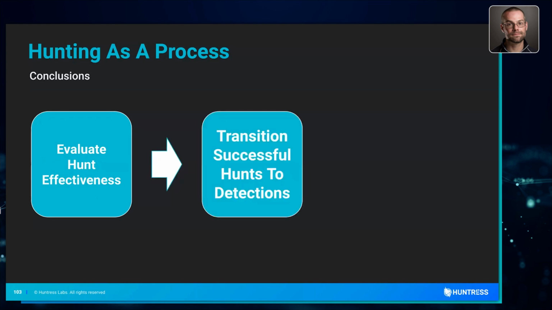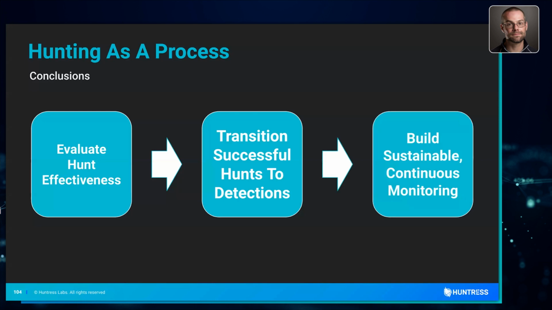And then transition successful hunts into detections, taking the human out of the loop and taking a successful hunt and migrating it in such a way that it now forms a part of our overall detection stack. That allows us to build sustainable, continuous monitoring of environments without having to burn individuals out by asking the same questions over and over and processing the resulting data in a manual fashion.